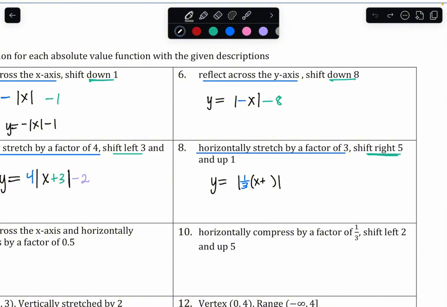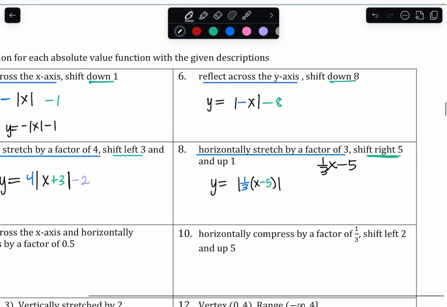I mean minus 5, because it's right 5. If you just write 1/3 x minus 5, you can graph it in a calculator, it will not move you right 5. It will move you right 5/3, or 15, yeah, 15. And so add your parentheses so that it moves right 5. It has to be minus 5 from x and x alone, not 1/3 x. Okay, and then lastly, the up 1 is outside the bars.